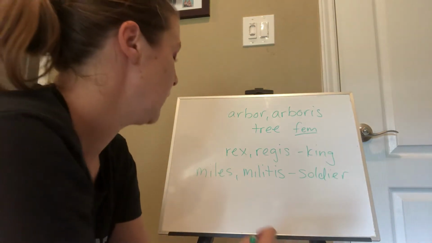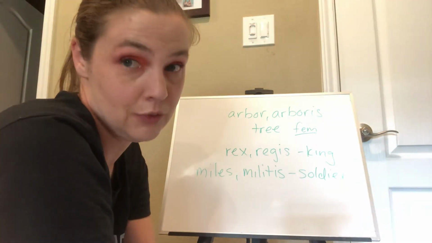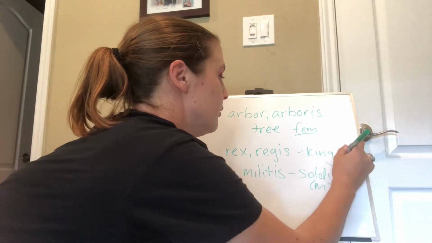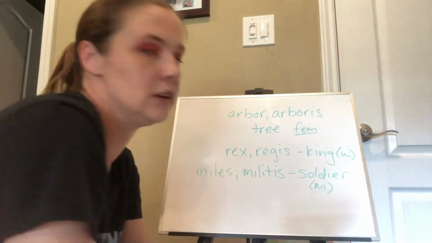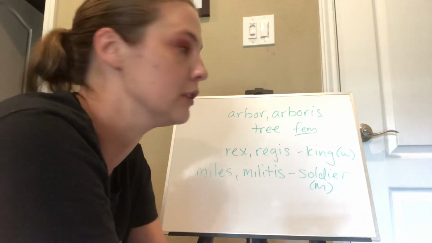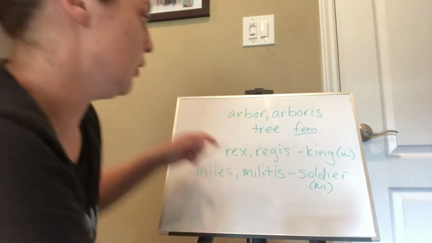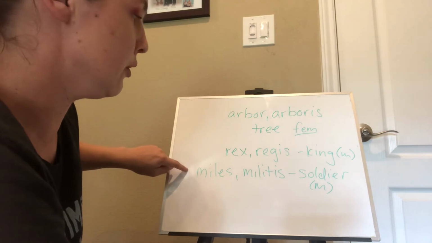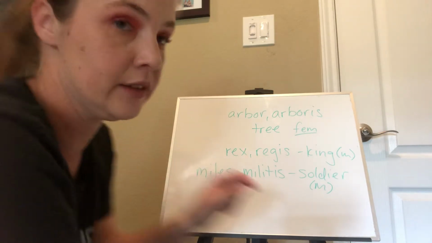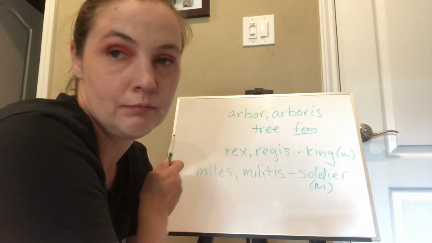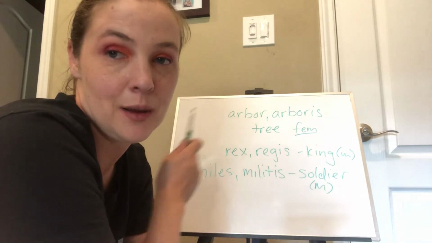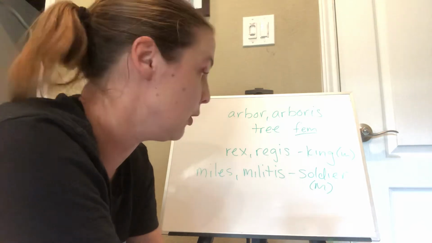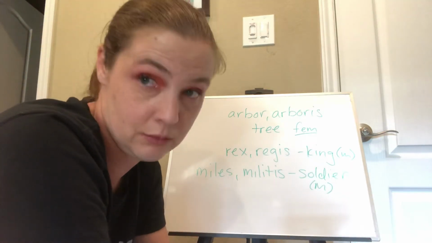Okay? And it is, you guessed it, masculine. A king is a masculine person. It's a male person. All right, so arbor, arboris, the word for tree, the word for king, the word for soldier, which is miles militis. Decline those for your homework. I am not going to tell you whether or not they're I stems. Well, you should know about Rex Regis, but the other two, work it out.